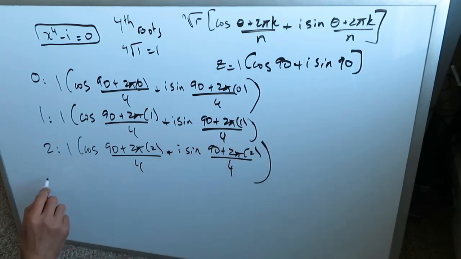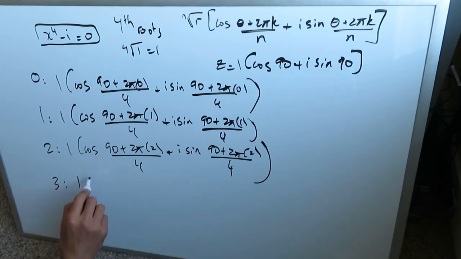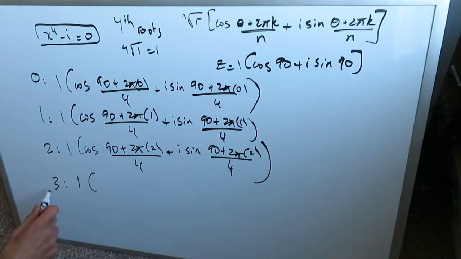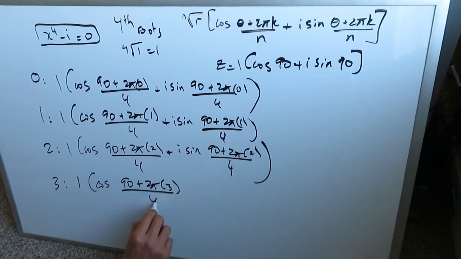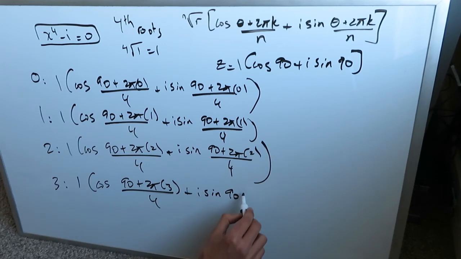And this is my last term, k value of 3, n minus 1, 4 minus 1, 3: cosine of 90 plus 2 pi times the k value 3 over 4, plus i sine of 90 plus 2 pi times 3 over 4, and we have everything laid out.